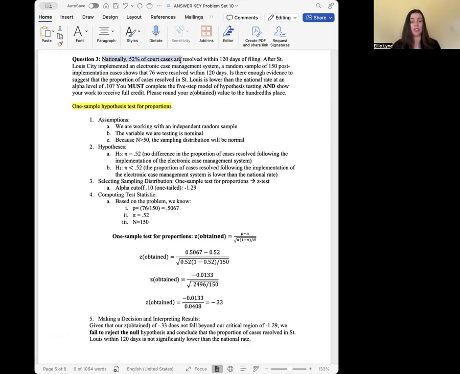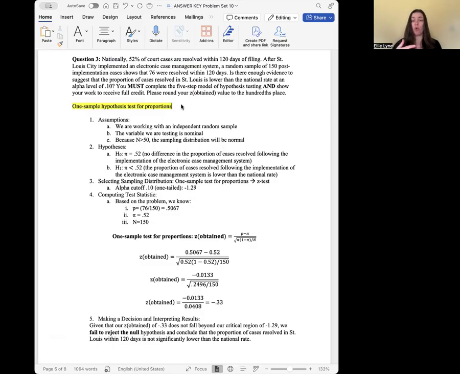In this case, we convert it to a proportion of cases resolved within 120 days of filing. I also know here that I'm not seeing any words in terms of average or mean, and we said right off the bat with our second word here that we can convert this into a proportion. And so I know that this will be a one sample hypothesis test for proportions. So we're good to go there.